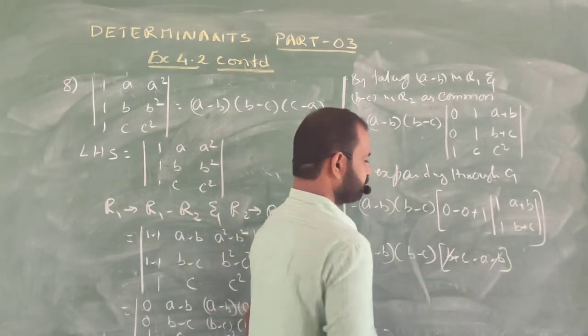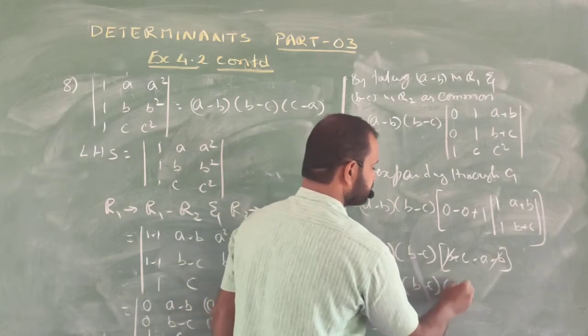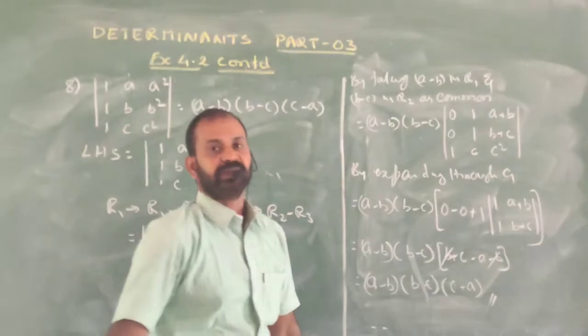Here b minus b gets cancelled, which is equals to (a minus b) into (b minus c) into (c minus a).